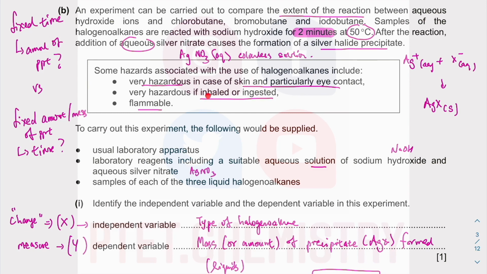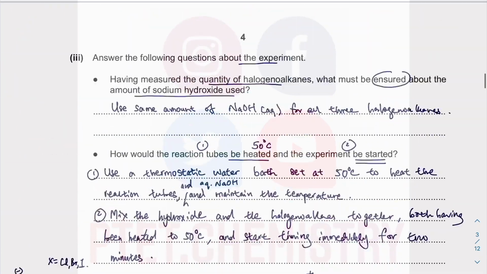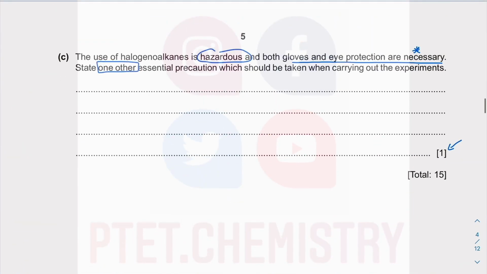So you can talk about it's hazardous if you inhale it, so you should do it in a fume cupboard. Or you can talk about the halogenoalkane being flammable. So either of these would have been alright. I'm going for the flammable one. So halogenoalkanes are flammable, which is the other hazard that you mentioned earlier.